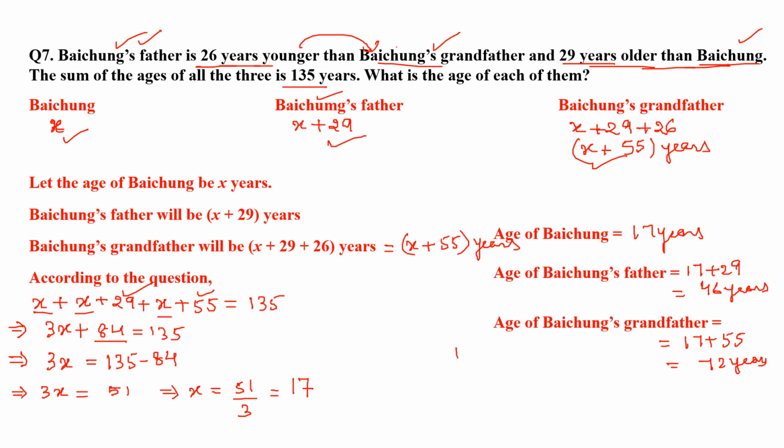And if you add all the 3 ages, 17, 46 and 72: 6 plus 2 is 8, 8 plus 7 is 15, so 5 carry 1, 1 plus 1 is 2, 2 plus 4 is 6, and 6 plus 7 will give me 13. So you can see clearly that the sum of their ages is 135.